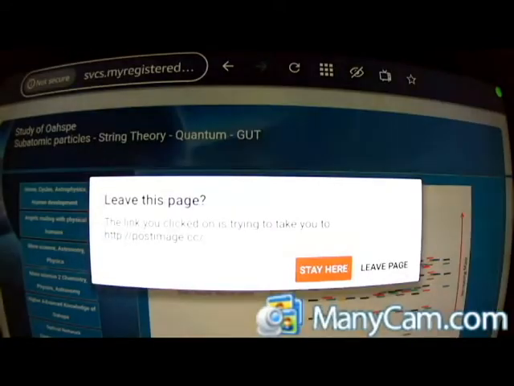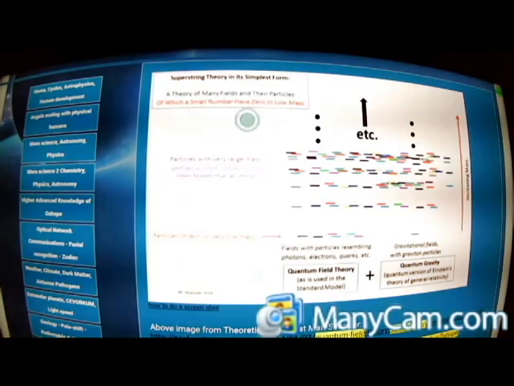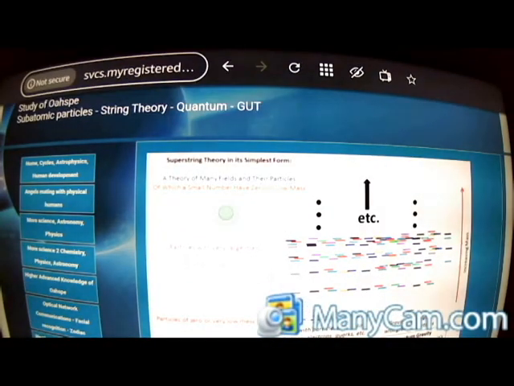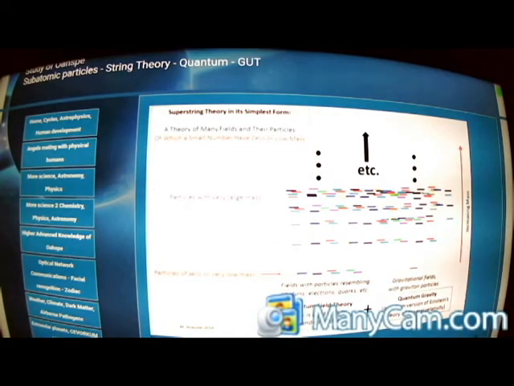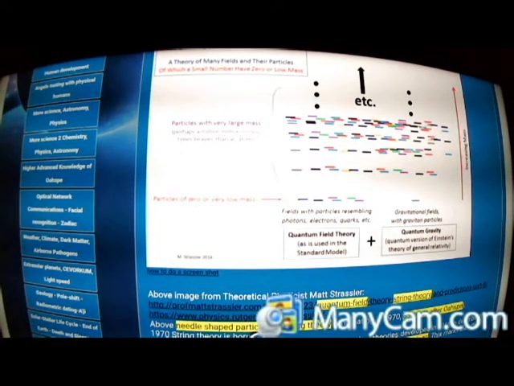I won't enlarge the image, because it would take me to another web page, and I want to stay here. But it says superstring theory in its simplest form, a theory of many fields and their particles. And there are links that you can click on and read further information on that.